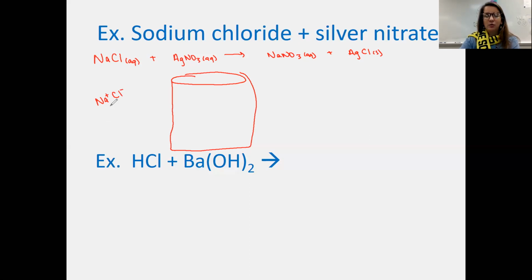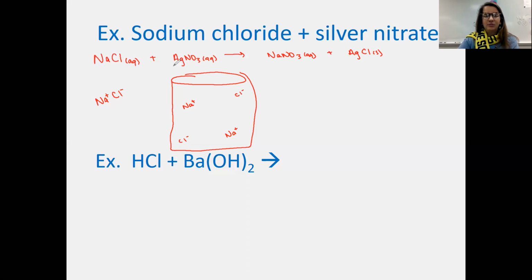If it was in solid form, those two ions would be right next to each other, bonded together. But when they're aqueous, the water surrounds those ions and pulls them apart. It's still salt because we still have the sodium ions and the chloride ions. So we're still going to have sodium and chloride in here. They're just not together. They have been separated by the water.